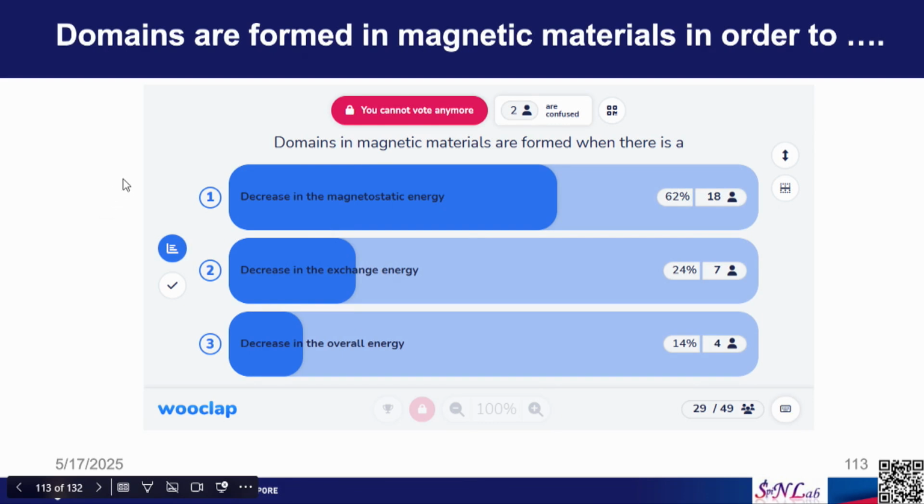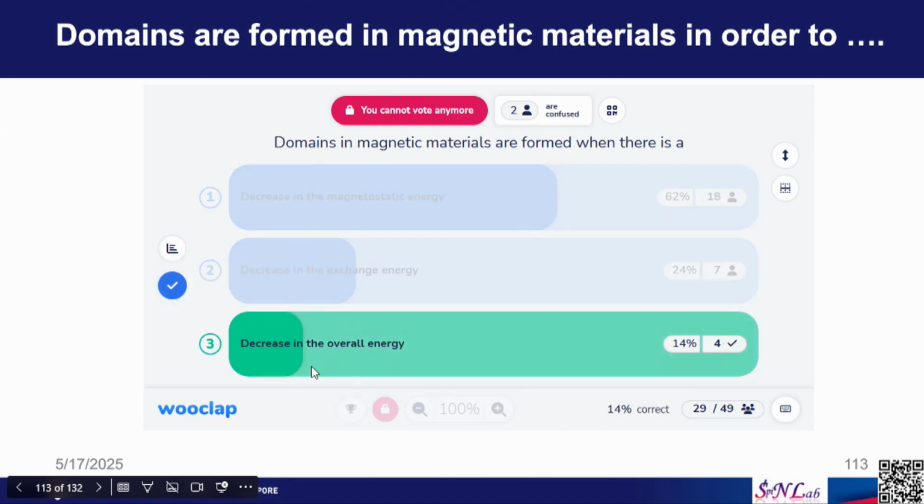Okay, majority of you are wrong. Domains are formed only when there is a minimization of total energy. So, I told you 2 cases, right. If you have big particles, then when you form domains, you minimize the total energy, so basically the answer 3 is the correct answer.